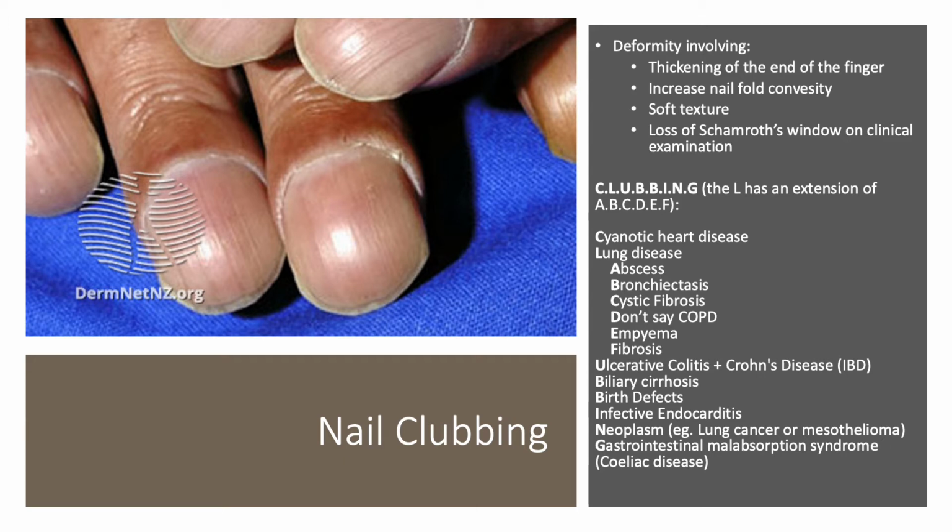E is for empyema, F for fibrosis, and the U for ulcerative colitis or Crohn's. Just remember that ulcerative colitis is an inflammatory bowel disease, and then you can include Crohn's into that. The first B is for biliary cirrhosis, the second one for birth defects.